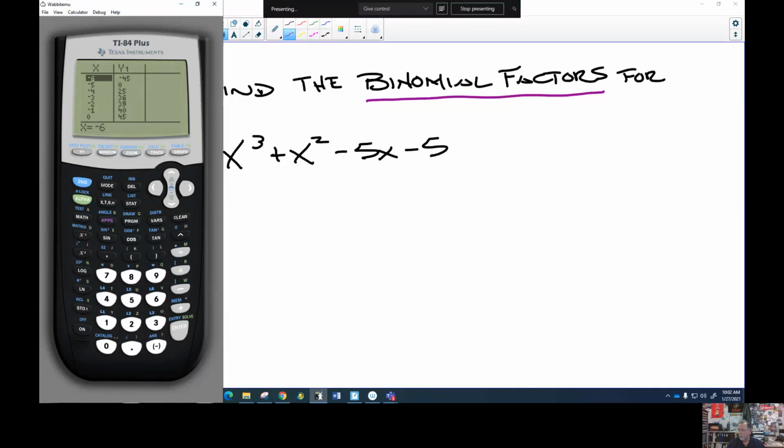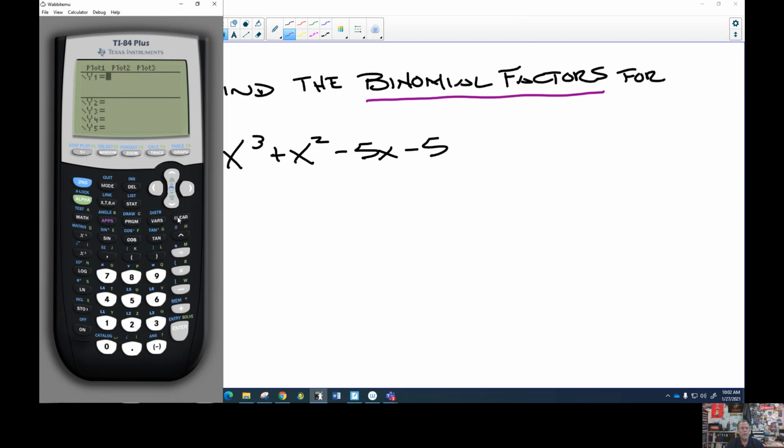So I'm going to bring that up real quickly. And there we go. And bring you back here with the calculator. We've got this equation, x cubed plus x squared minus 5x minus 5. So let's put that in our calculator. Let's go to y equals, clear this out, and do x raised to the third plus x squared.